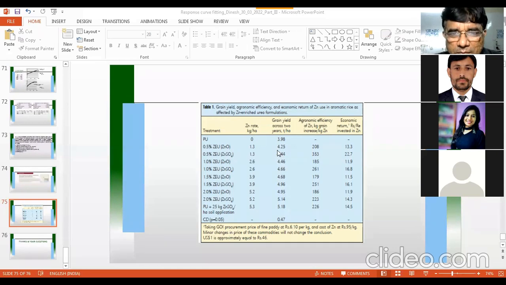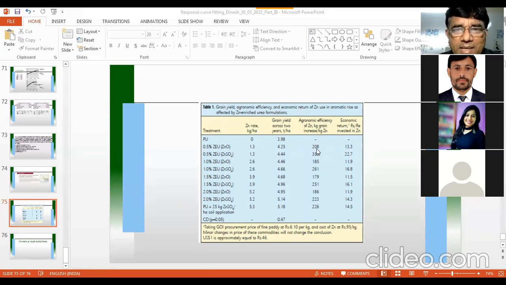So here you get 4.25 for the first treatment, 4.25 minus 3.98, divided by 1.3. So you get 208. This is your agronomic efficiency of zinc, kg grain increase per kg zinc. So 208 means 1 kg zinc is giving you 208 kilograms of grain.